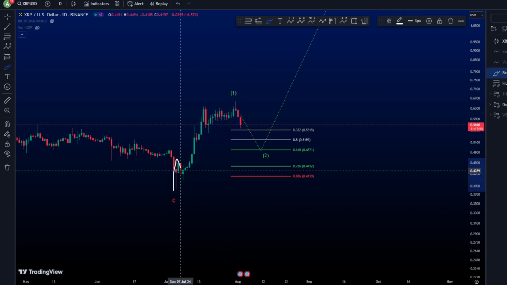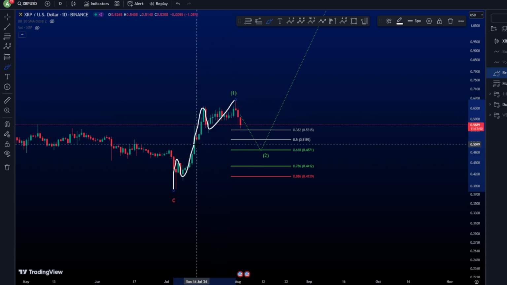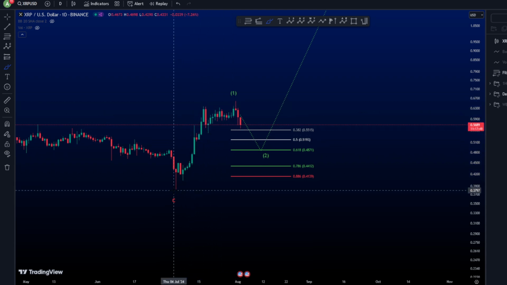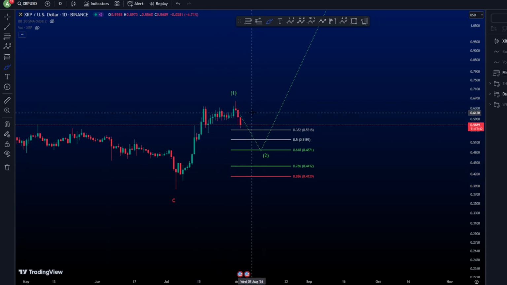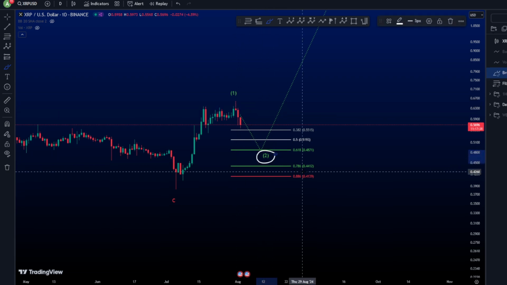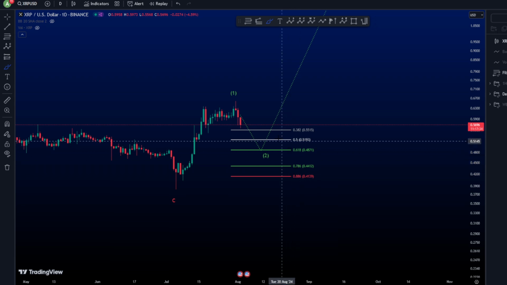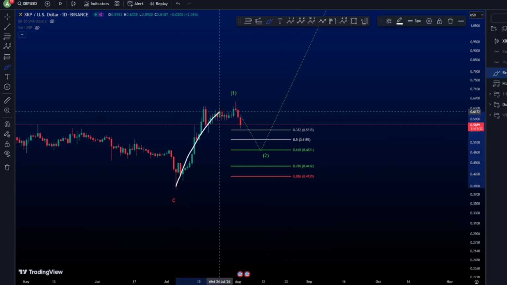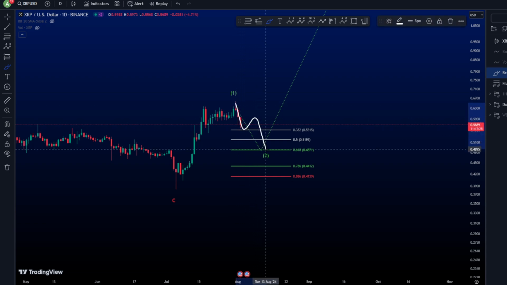This is more than enough for a structure as an impulse to say this is a 5-wave impulse. It's a perfect wave 1. What we are looking for now is a wave 2, and inside the wave 2, I'm looking to reach this fib area, which is the most common area for a wave 2. After finishing an impulse, I want to see this wave 2 in 3 corrective waves.